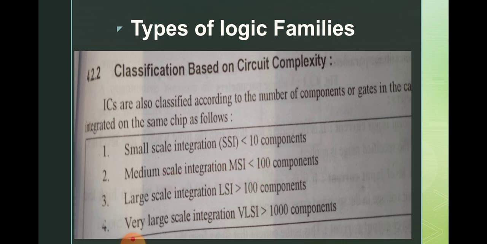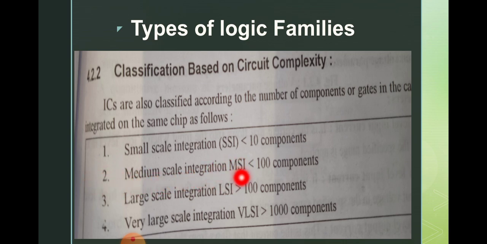Next we have large scale integration, that is LSI. Here the number of components fabricated on a single silicon chip is greater than 100, hence it is known as large scale.